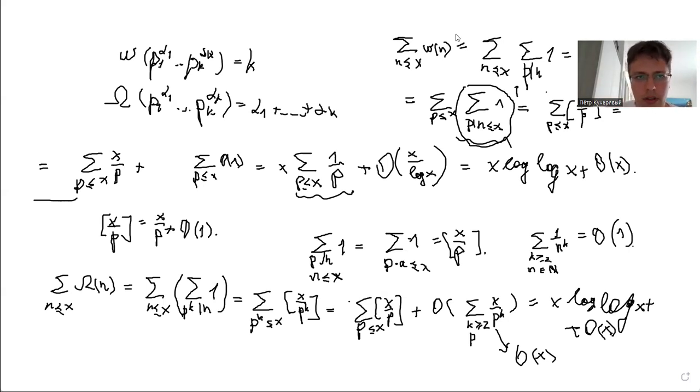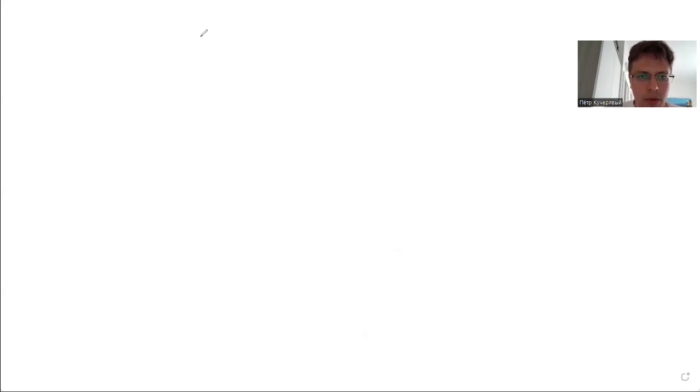Now we switch to 4b. And here we want to find the sum of omega of n squared, n less or equal than x. An asymptotic formula for this.